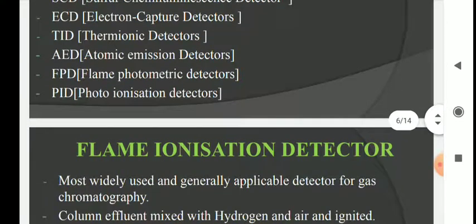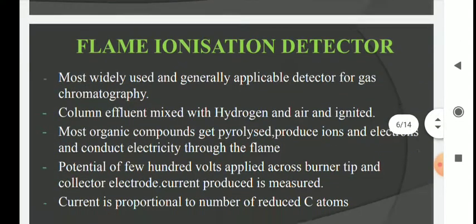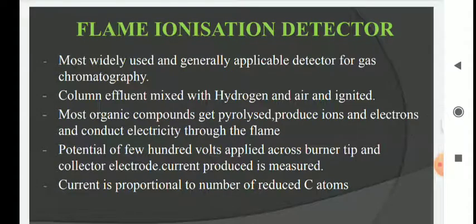Now, let's see the first one. The first one is the flame ionization detector. This is the most widely used and generally applicable detector in gas chromatography. In this, whatever is the output from the column is mixed with hydrogen and air, and it is ignited.